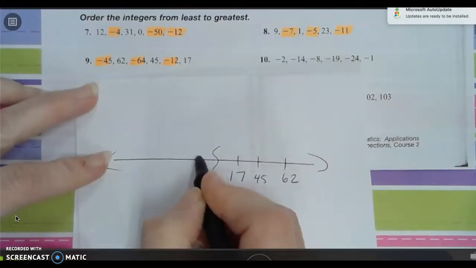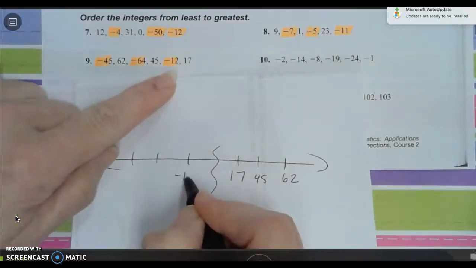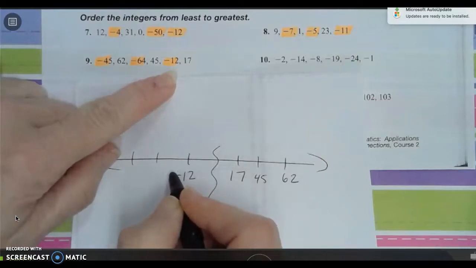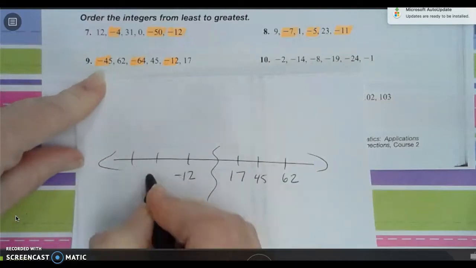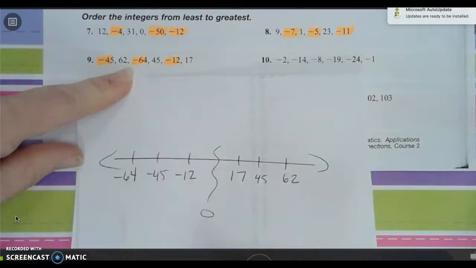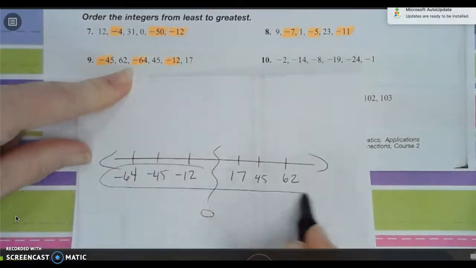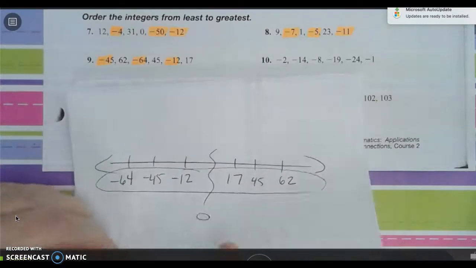Now remember, when we go to the left, we're at negative 1, negative 2, negative 3, so we would get to the negative 12 first. And then if we keep on going, we're going to get into the negative 20s and 30s and then the negative 40s, so then negative 45 and then negative 64. So again, there's your order least to greatest already for you.